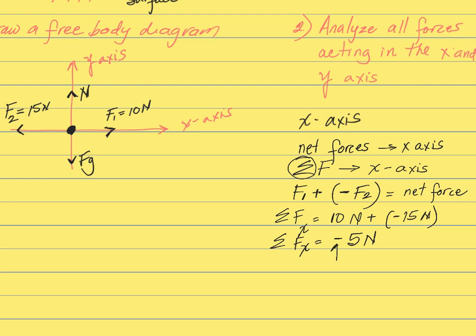Let's look at what that negative means. That the object has been pulled more to the left than to the right, meaning that the motion of the object is going to be to the left. And why to the left?